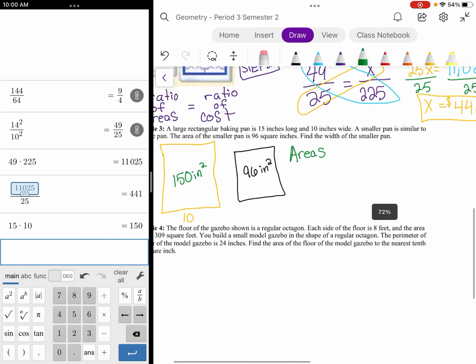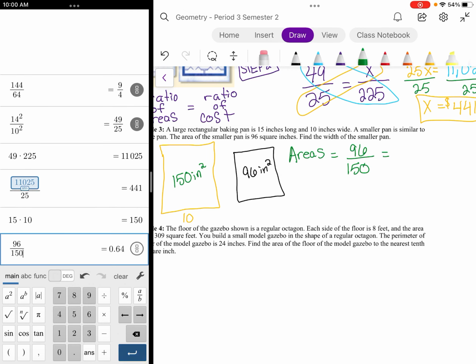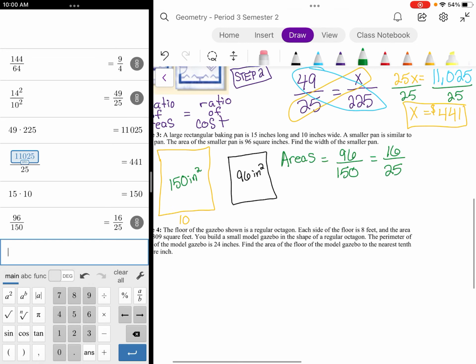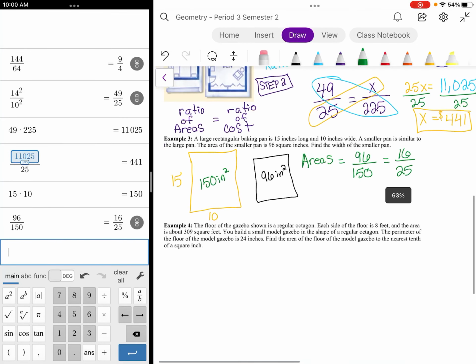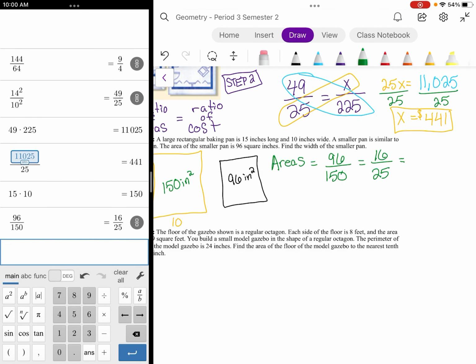So if we set up a ratio with the area, we could do 96 over 150. And we can go ahead and simplify that as a fraction, and that would give us 16 over 25. So that's the ratio of the areas. And remember, the ratio of the areas is equal to the side length of the smaller pan squared over the side length of the larger pan squared.